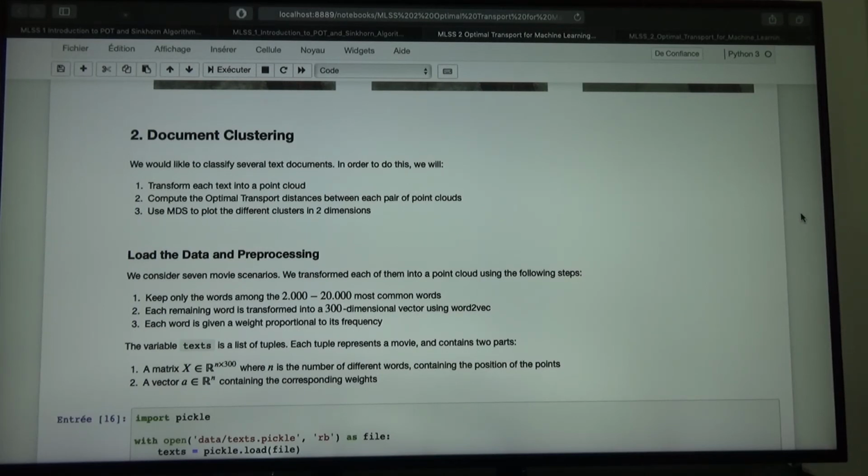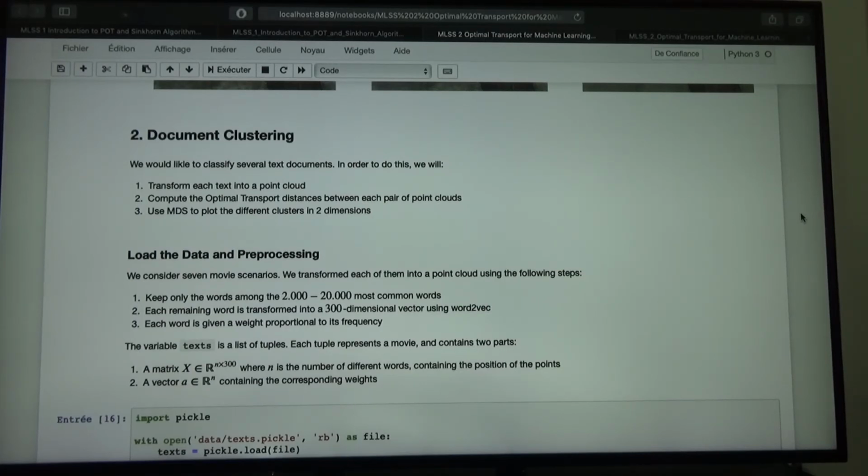Each word will be represented by, let's say, a 300-dimensional vector, and now we take the Euclidean distance, or the squared Euclidean distance, between those vectors. That's basically called word2vec. Each word is represented by a vector, and the distance between two words is just the squared Euclidean distance between the two vectors representing those words.